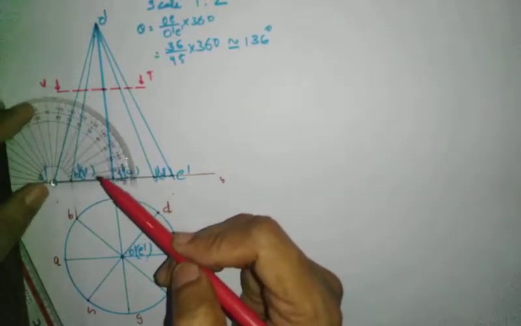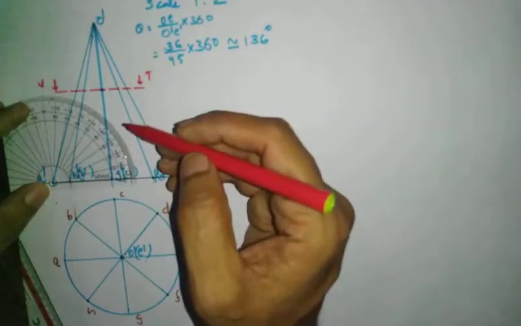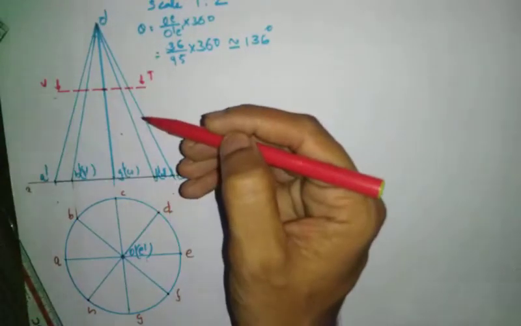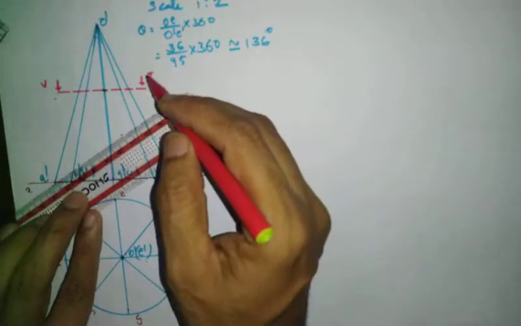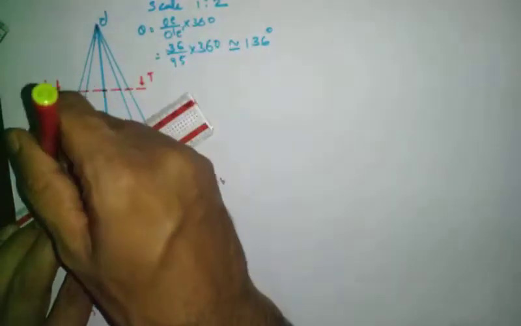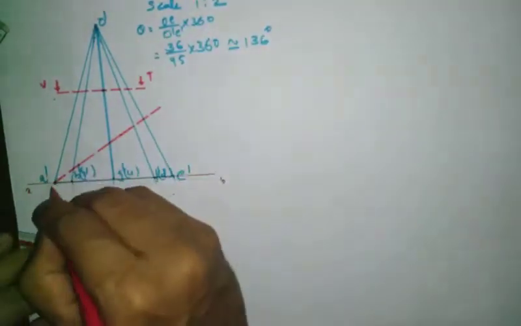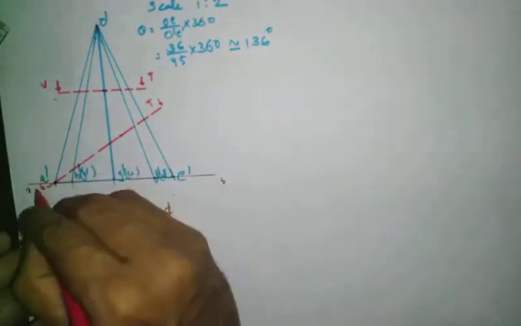Draw a section plane which is inclined at 30 degrees to HP, passing through the extreme left point of the cone, so that the section plane will be like this. This will be the section plane. This is also VT.